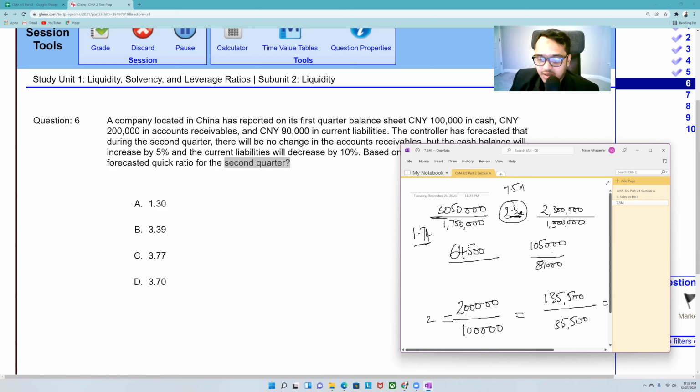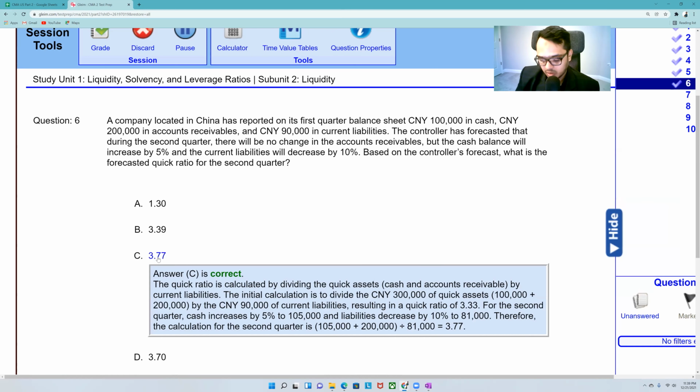And my accounts receivable is 200,000. So it is 305,000 divided by 81,000, which is about 3.77.